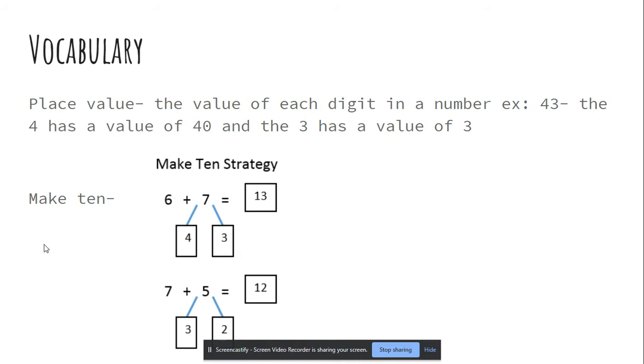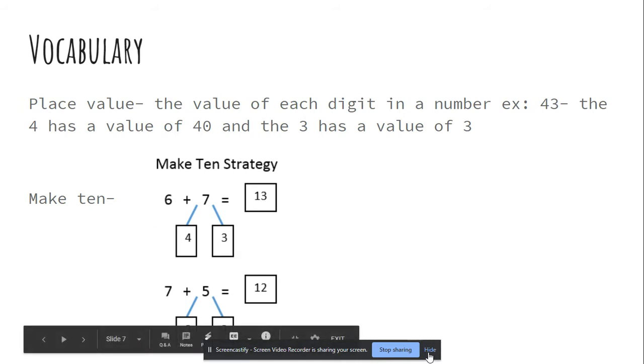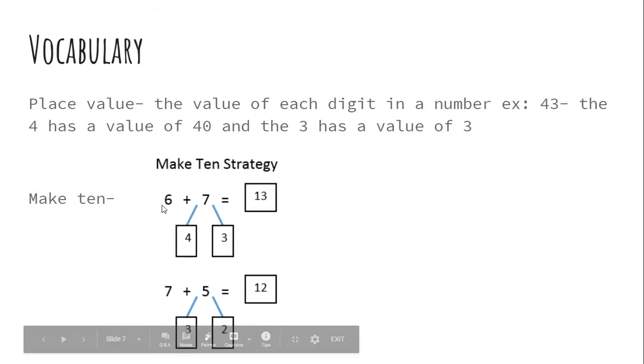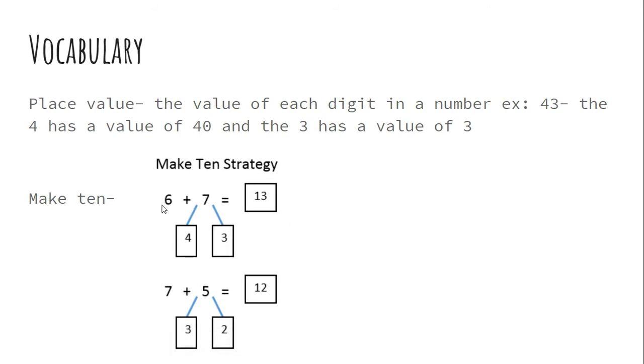We're also going to be looking at the make 10 strategy. The make 10 strategy is when you decompose or break down numbers to find a way to make 10. The reason we do this is because our brains love to work with easy numbers. Our brains love working with 5s and 10s.